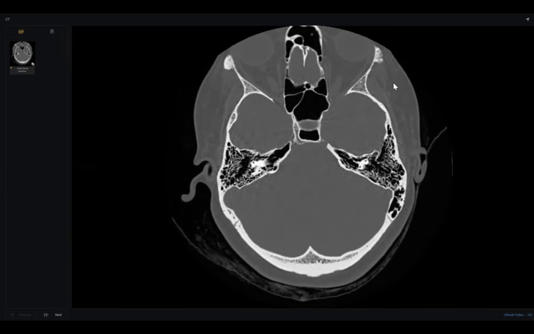Actually, I see bilateral soft tissue swelling here, but it's bilateral and symmetrical, so this looks normal. The orbits in bone windows look fine.